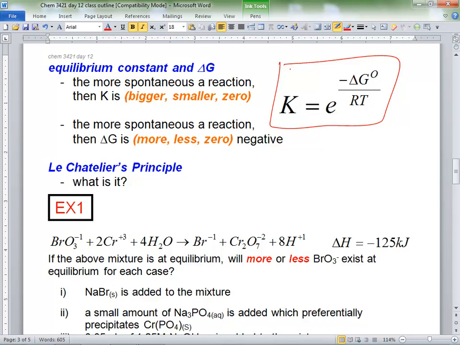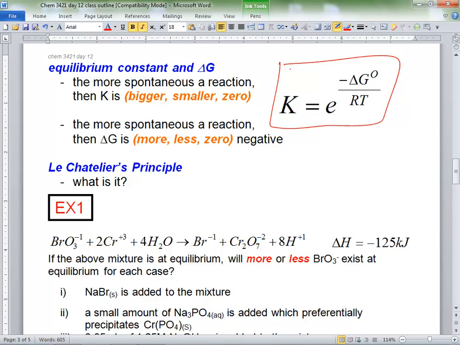To me it's almost easier without looking at the mathematical equation. If something's going to be spontaneous, would you expect there to be a lot of product? Yeah. I would think so. It's going to happen. It's going to occur naturally, very naturally. You expect a lot of product. And K, equilibrium constants, are what over what? Products over reactants. So K should be big.